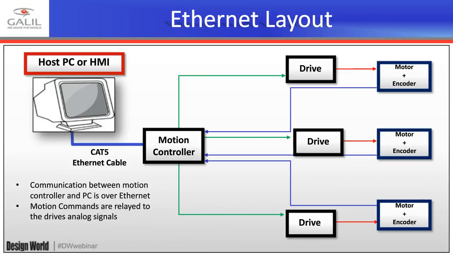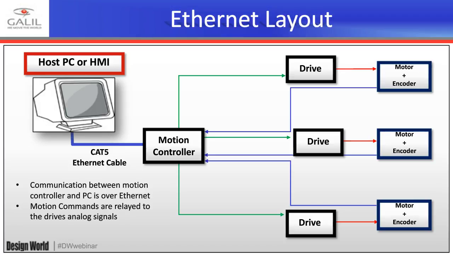So in contrast, here's an Ethernet layout where you would typically have a host PC or HMI, or that control center as referenced before, working with a motion controller. So over Cat5 it is now communicating with the motion controller.